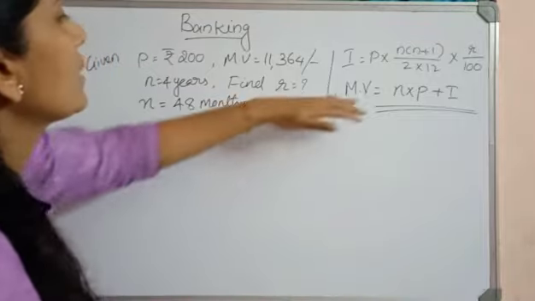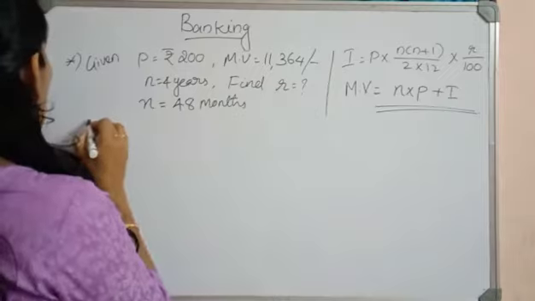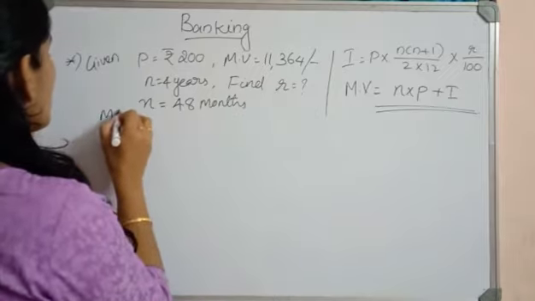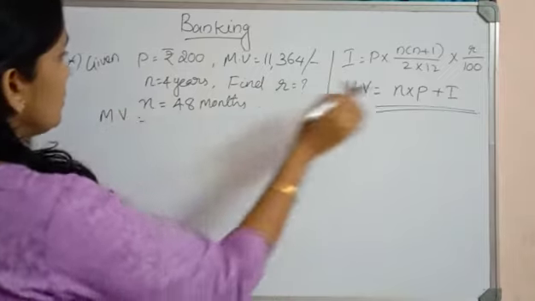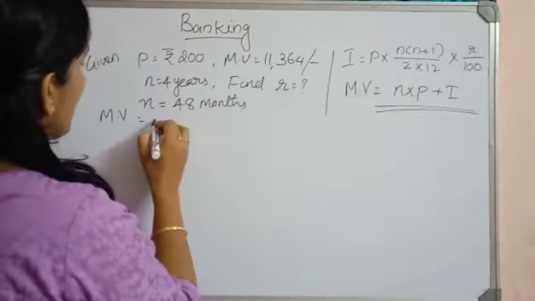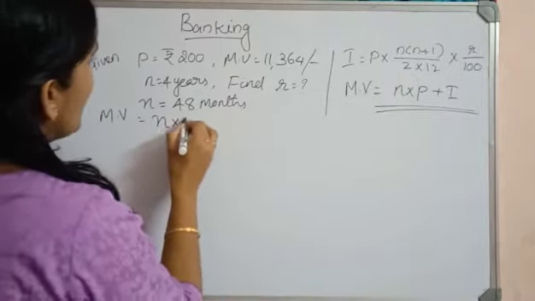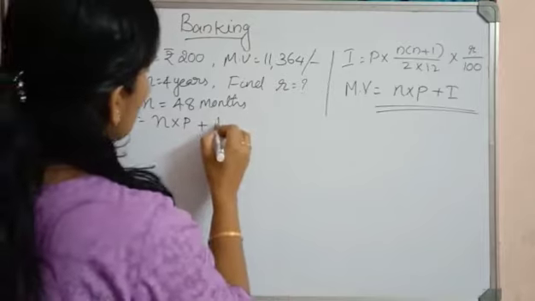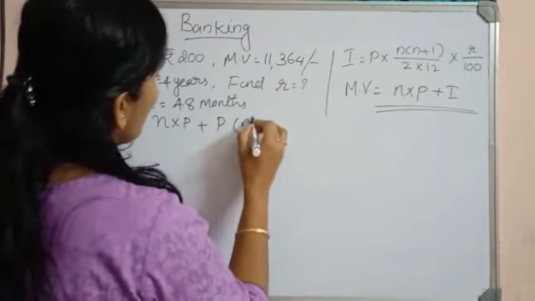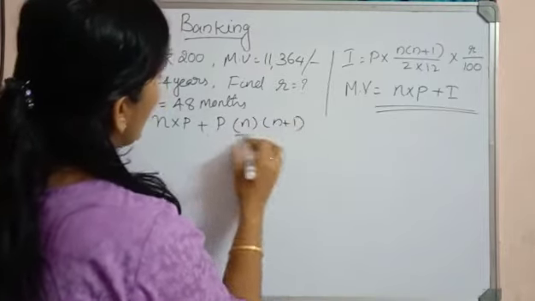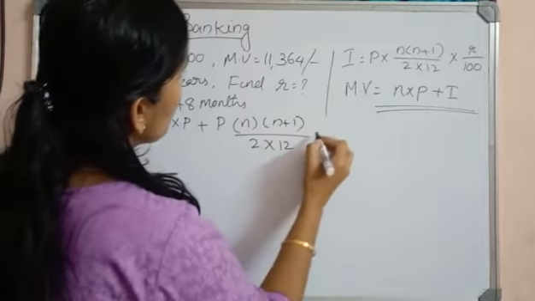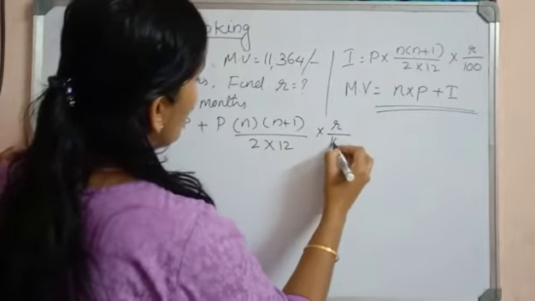Okay, now write the formula of maturity value. What is the maturity value? Maturity value is equal to n into P plus I, that is P into n plus P into n into (n plus 1) by 2 into 12 into r by 100.